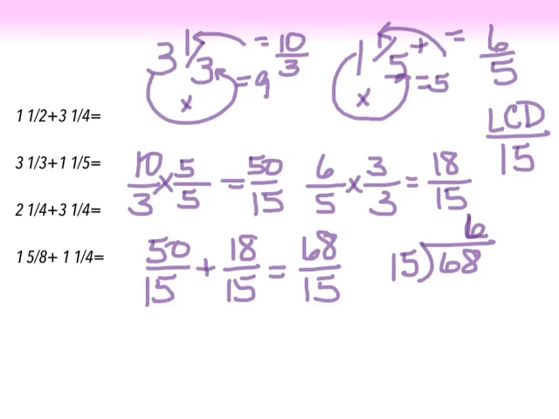No, I'm sorry. 4, right? 4 times 15 is 30. 4 times 5 is 20. Carry 2. Yes. 8. So my answer is 4 and 8/15. As you might guess, I don't have a calculator as I'm doing this. I'm having to do it all in my head as we go. So 3 1/3 plus 1 1/5 looks like it's going to be 4 and 8/15.